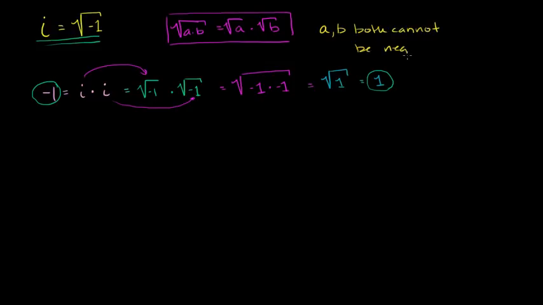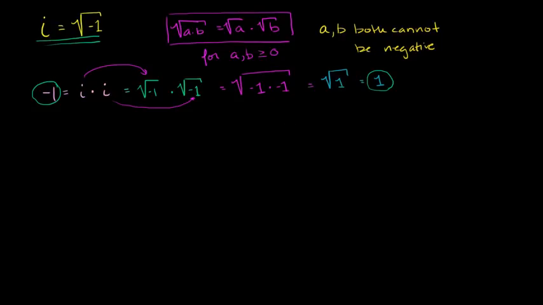Normally when this property is given, sometimes it's given in the footnotes, or you might not even notice it because it's not relevant when you're learning it the first time, they'll usually give a little bit of a constraint there. They'll usually say for a and b greater than or equal to 0. This is true for a and b greater than or equal to 0. And in particular, it's false if both a and b are negative.